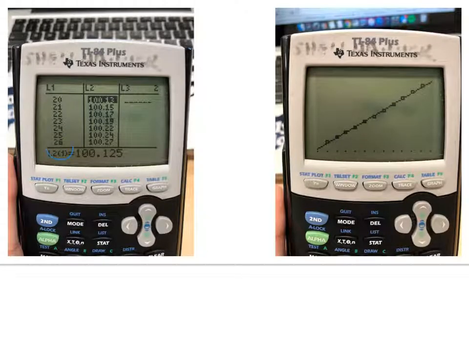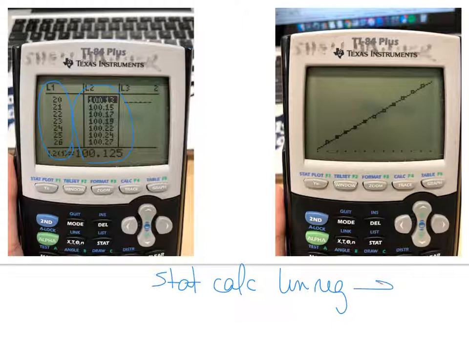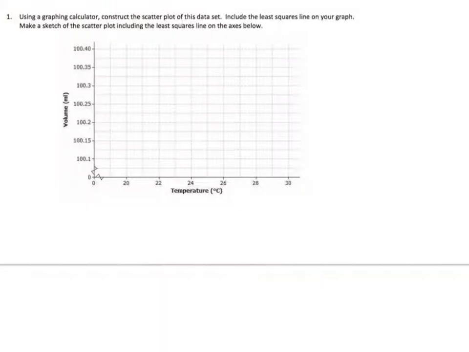I put list 1, list 2, went ahead and did the stat, calc, linear regression, stored it into Y1, zoom stat number 9, and got my graph. Okay, that's my least squares line and the scatter plot, which you would draw right here, right?